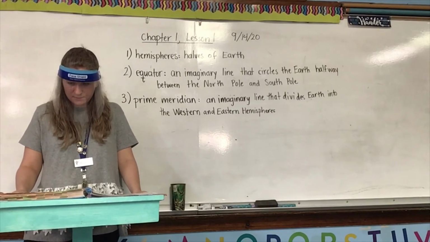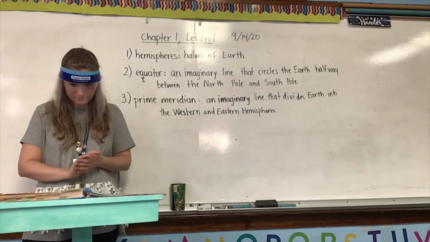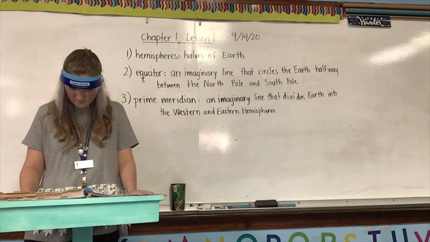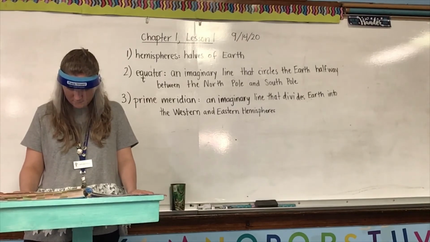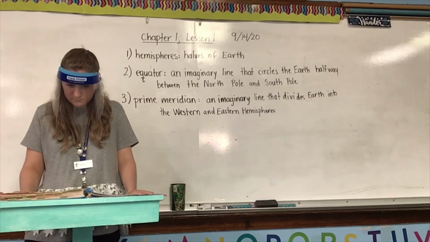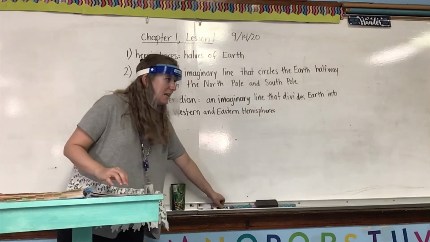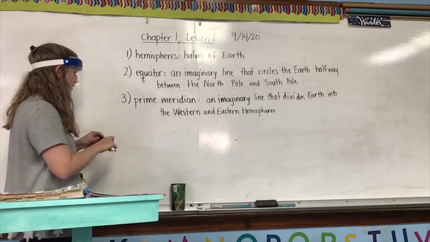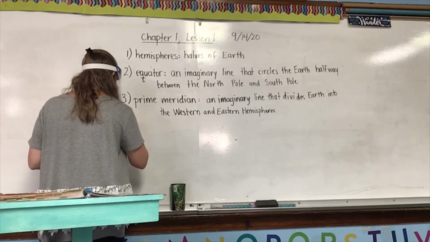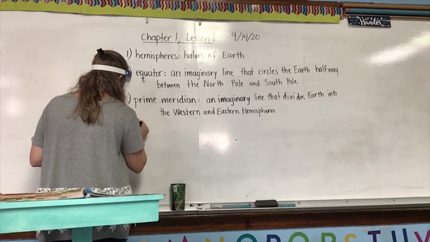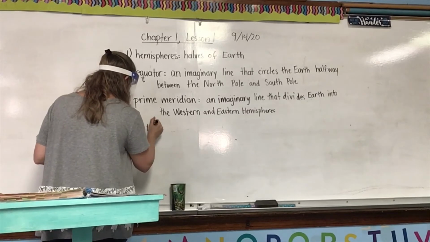Which continent? You can also use continents to describe the global address of the United States. The 7 continents are the largest land areas on Earth. Zadie, what's our next word? Continents. So number 4 is the word continents.